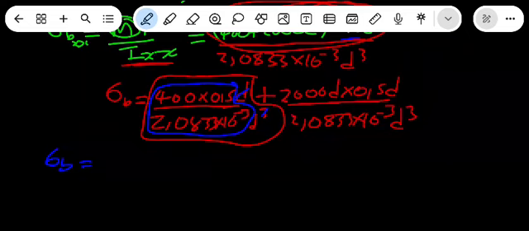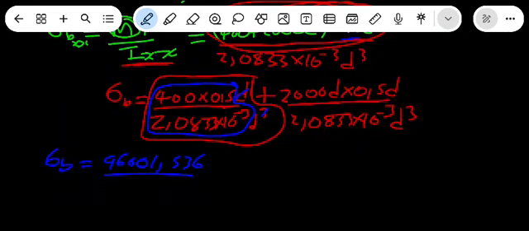Punching that on the calculator, I should obtain 96001.536 divided by d squared, since this d will cancel with d cubed, leaving d squared. Then we have our plus here.